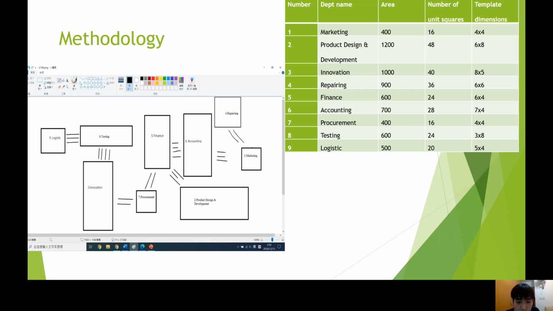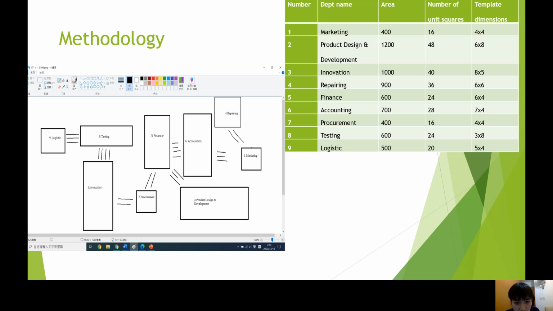Also, in the next step, we should assign the area in regard to different departments. For example, in marketing, we should assume 60 area, based on the scale of 1 to 25 of unit square, and the decision comes from the annual report of Tesla and the assumption of the Tesla campaign.